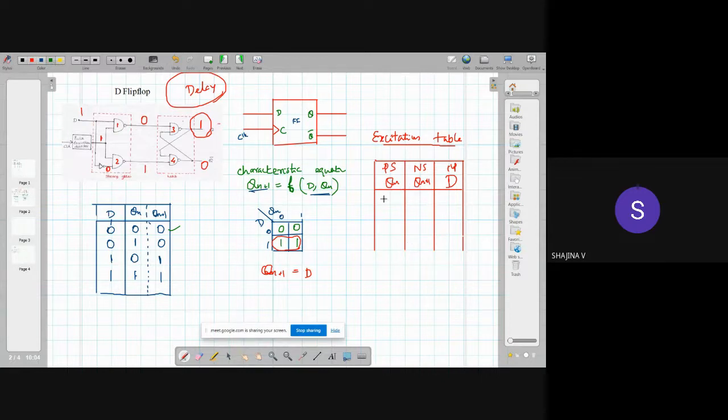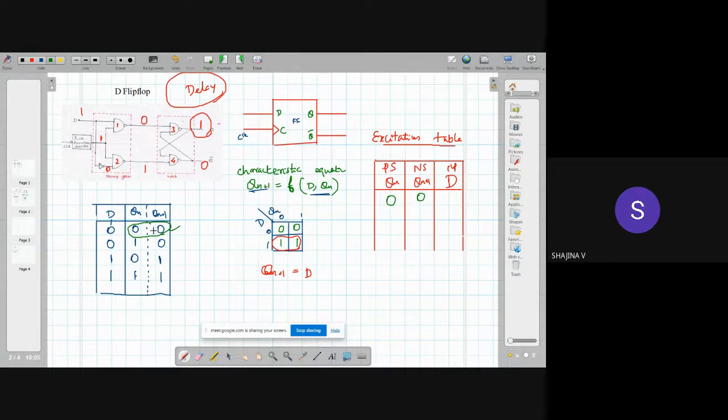See, first condition I am taking, if present state is 0, I require a next state also equal to 0. Okay, so 0 to 0 transition between Qn and Qn plus 1. You can see from the truth table, this is the only one case. That is, when Qn equal to 0, next state 0 കിട്ടുന്ന ഒരു പോസിബിലിറ്റി മാത്രമേ ഇവിടെ ഉള്ളൂ അല്ലെ.